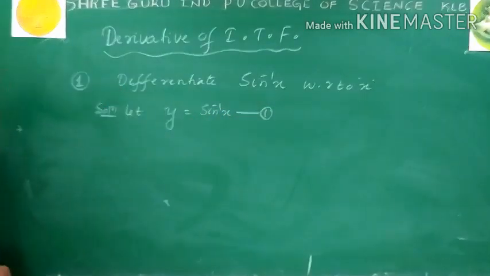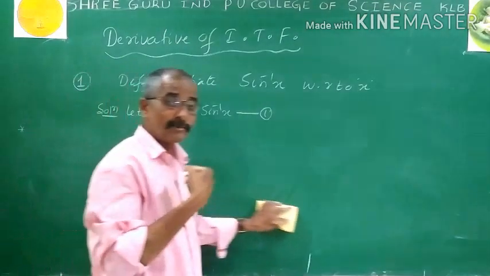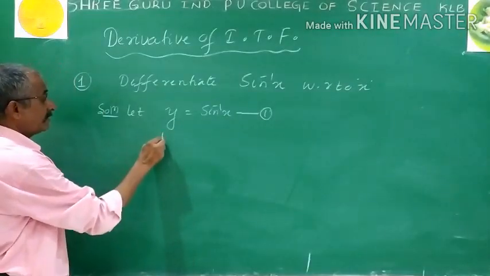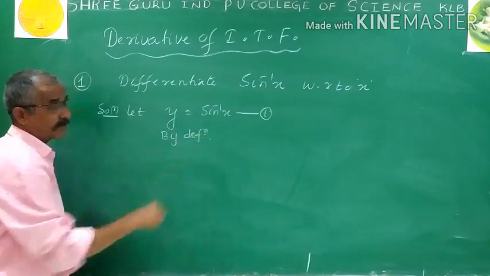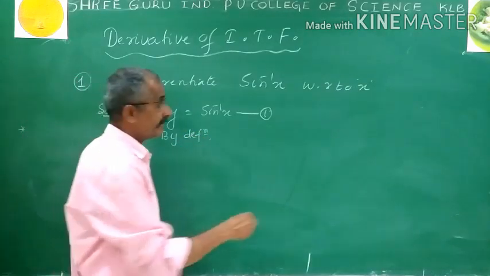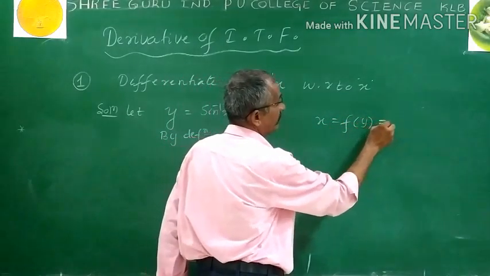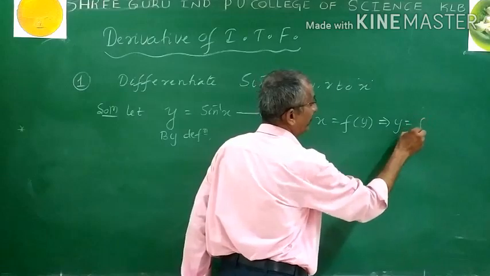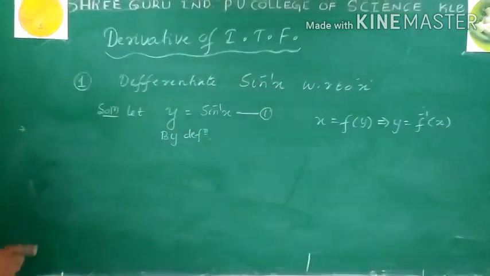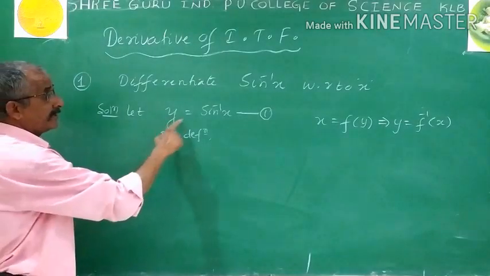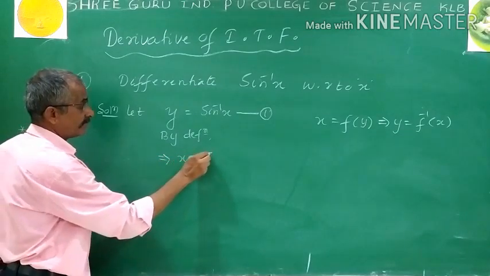Let us apply the definition of inverse of a function, in particular the definition of inverse trigonometrical functions. By the definition of inverse trigonometrical functions, we already know that whenever x is a function of y, it implies that y is equal to f inverse of x, provided f must be bijective. Keeping that fact in mind, y is sine inverse of x implies that x is equal to sine y.